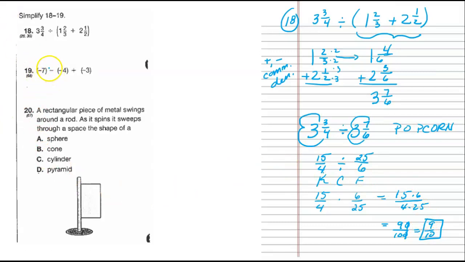So here I have a subtraction problem. Please write these rules on your notes. Addition rules. 1. Same sign: add, keep the sign. 2.